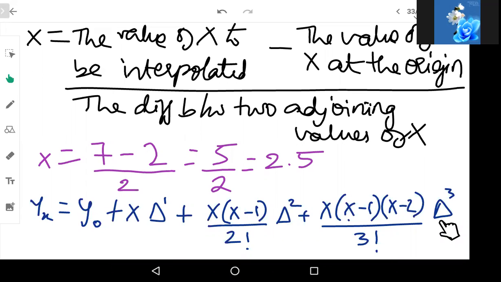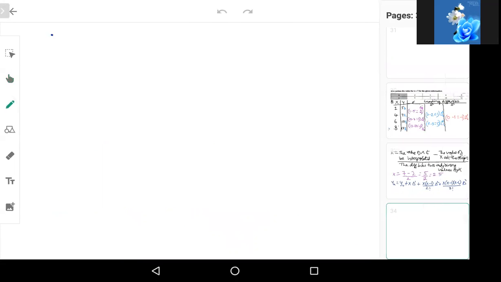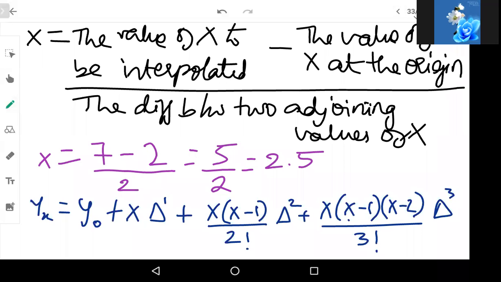Now let us start applying all the numbers. Concentrate well. If you understand this formula, then it is just simplification. So firstly, we have to go for y0.